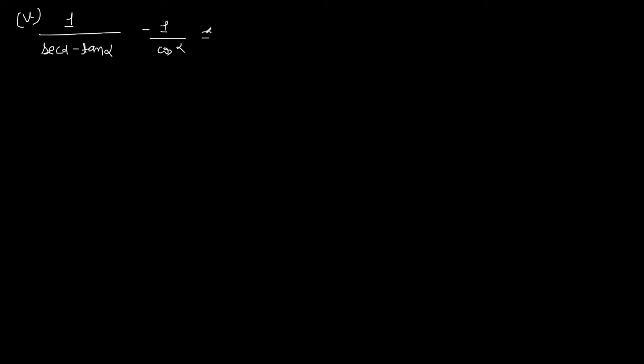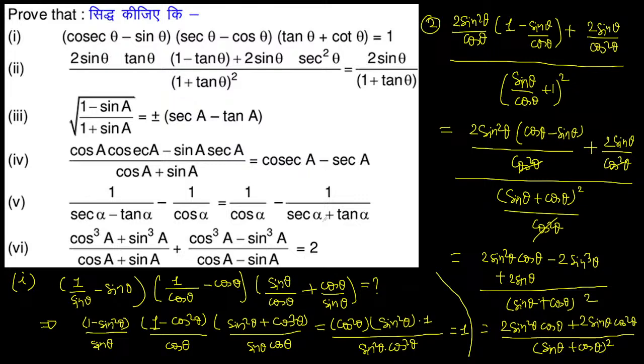If you remember, we have seen that 1 upon sec alpha minus tan alpha is sec alpha plus tan alpha. So this is sec alpha plus tan alpha, and this is minus sec alpha, which leaves tan alpha.